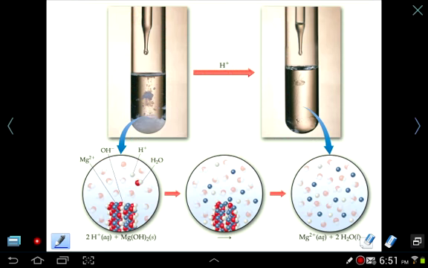So here's a picture of what we're talking about. Here's magnesium hydroxide, a substance that's not soluble. However, if you put it into acid, the H+ will neutralize the hydroxide and make it more soluble. And then you'll get a bunch of magnesium 2+ in solution.